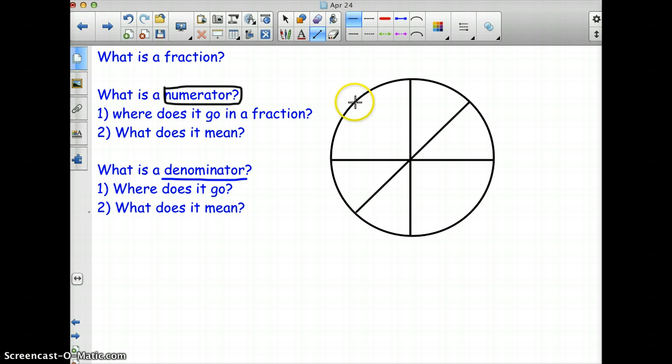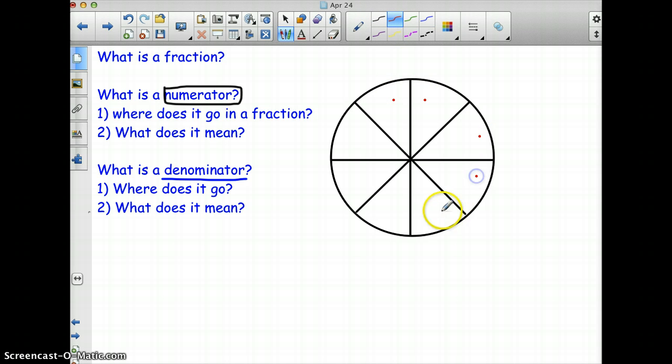And I'm going to make it into even pieces. Let's count. So our denominator tells us how many pieces we have all together. I'm just putting little tick marks in my box here. I'm going to go 1, 2, 3, 4, 5, 6, 7, 8. I know my denominator is going to be 8 because there are 8 pieces all together.